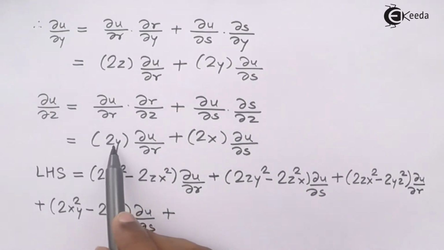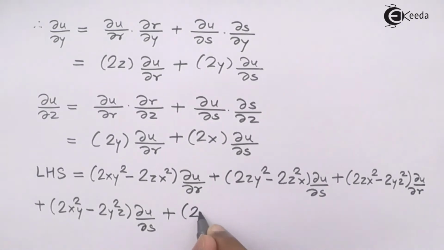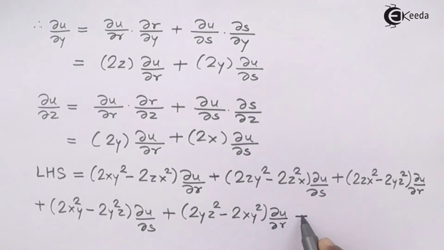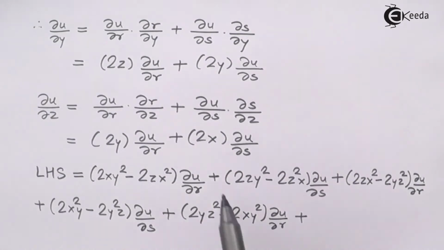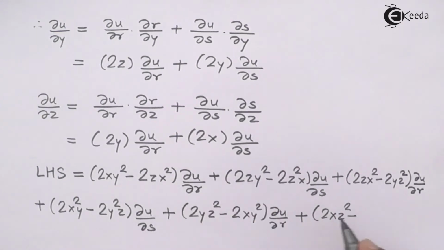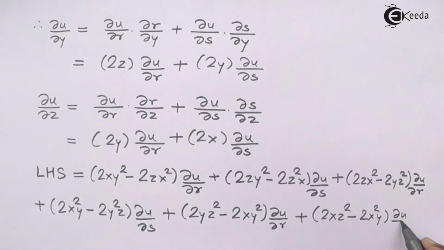So 2y into z square minus xy is, into del u by del r as it is, and next I'll multiply this second term with z square minus xy. So this will become 2x z square minus 2x square y del u by del s.